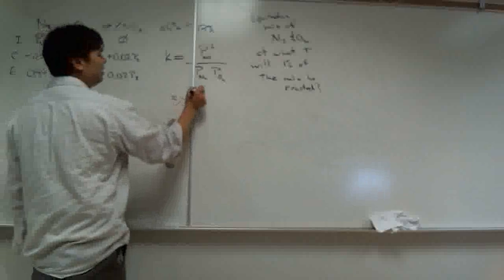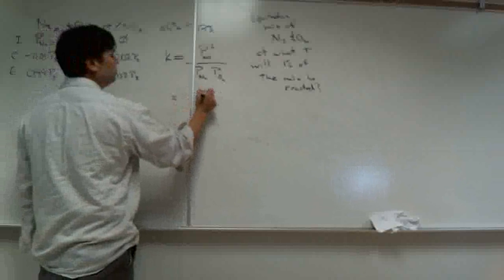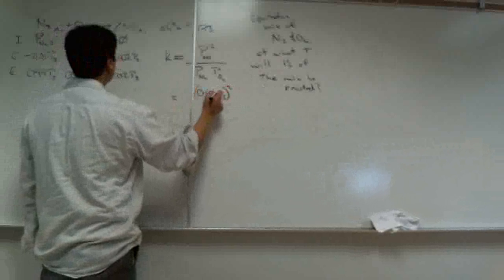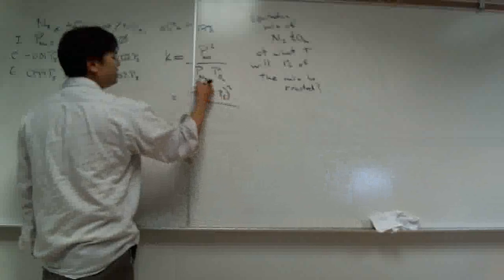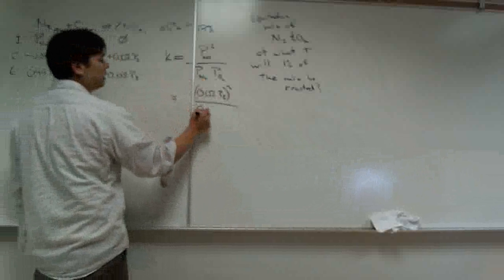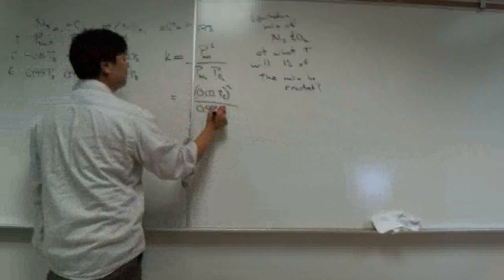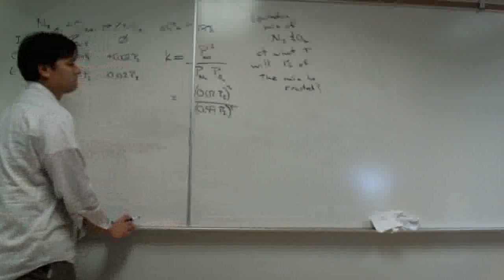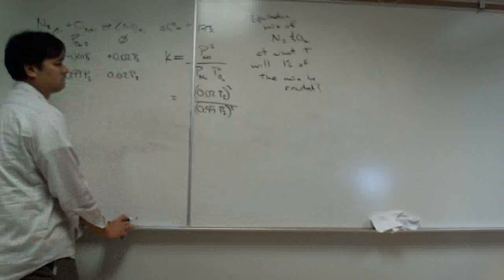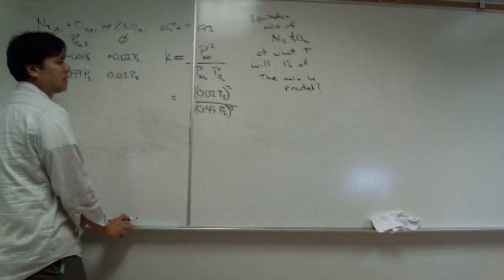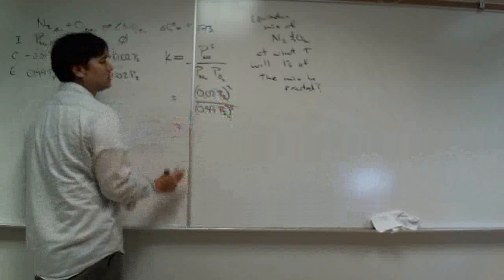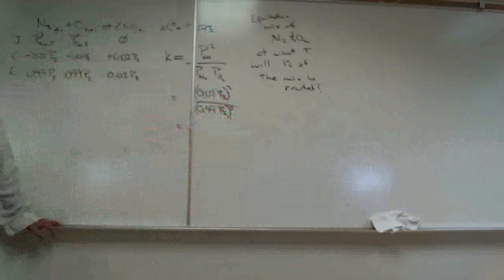The pressure of the NO squared is just 0.02 times P initial, quantity squared. And then N2 and O2 are the same, so this is going to be 0.99 times P initial, squared. P initial cancels. And so what does K come out to?